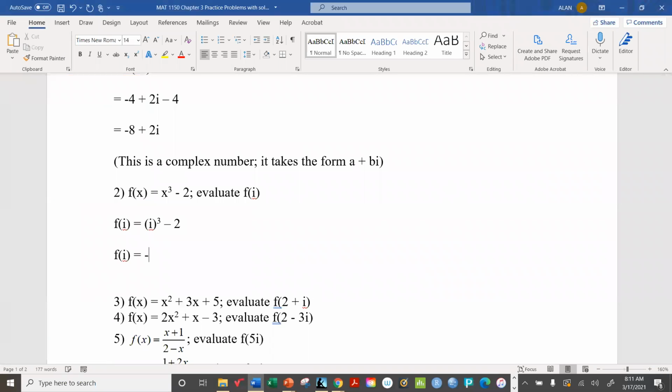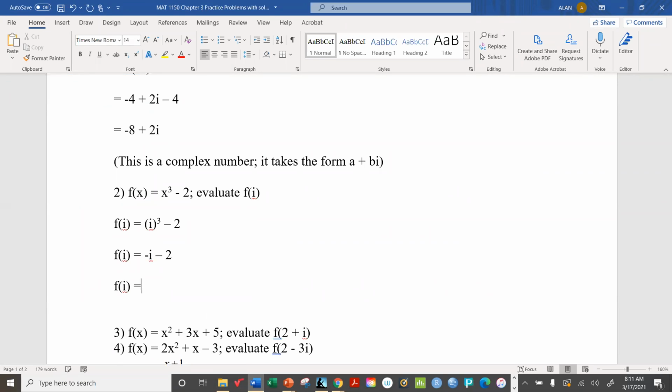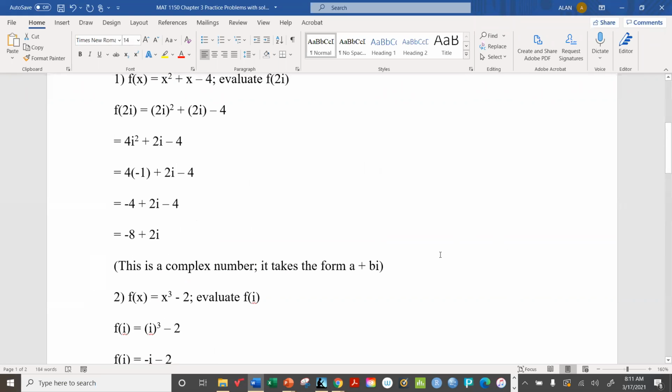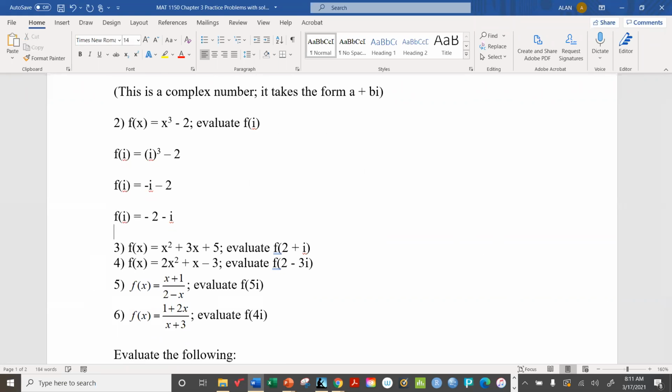Okay, so we'll have -i minus 2. And although we should theoretically rewrite this as -2 minus i, we're done. Just because, again, this is the preferred form for complex numbers. All right, so there's nothing wrong with this one, but this is the way we normally like to see it. Okay, so you can see they're all going to be very similar.